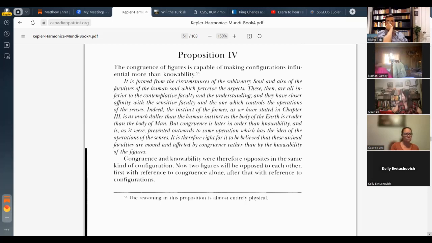But congruence is later in order than knowability and is, as it were, presented outwards to some operation which has the idea of the operations of the senses. It is therefore right for it to be believed that these animal faculties are moved and affected by congruence rather than by the knowability of the figures.